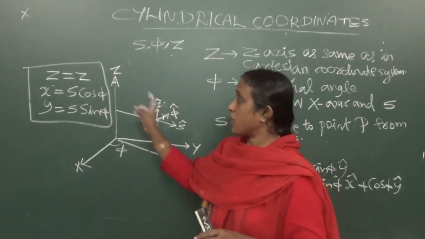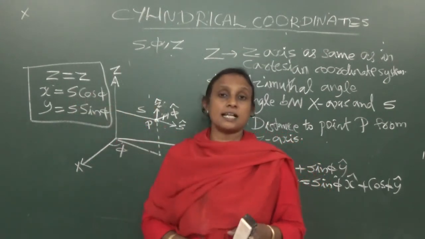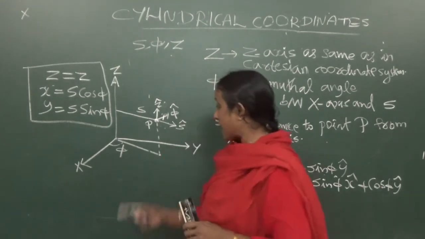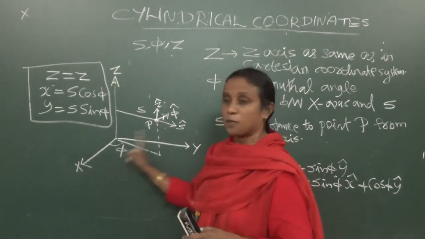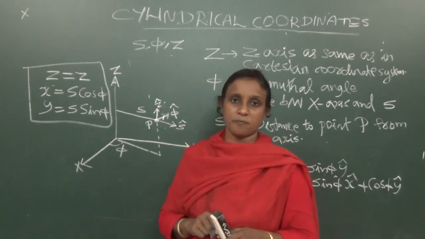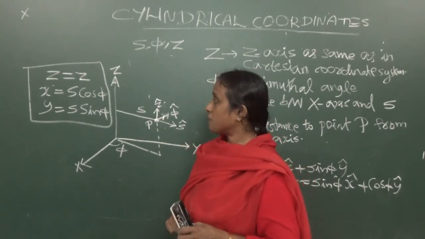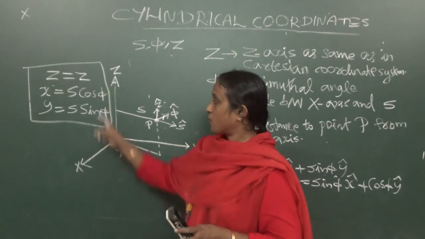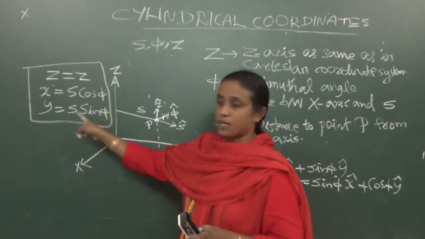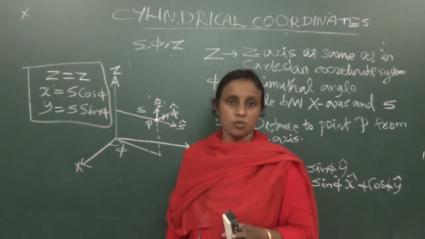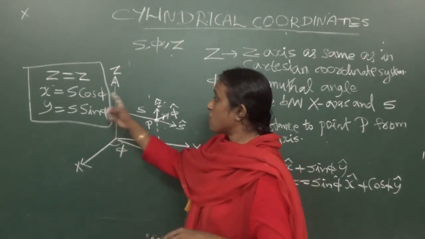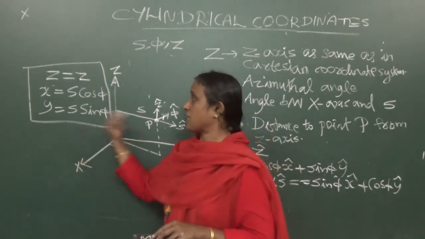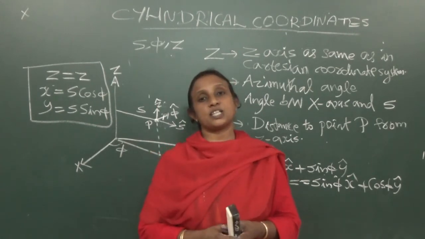If you want to find S, you can see that S square equals X square plus Y square. Similarly, if you take tan phi, you will get Y by X, so phi equals tan inverse Y by X. You can write the inverse relationship from here itself.